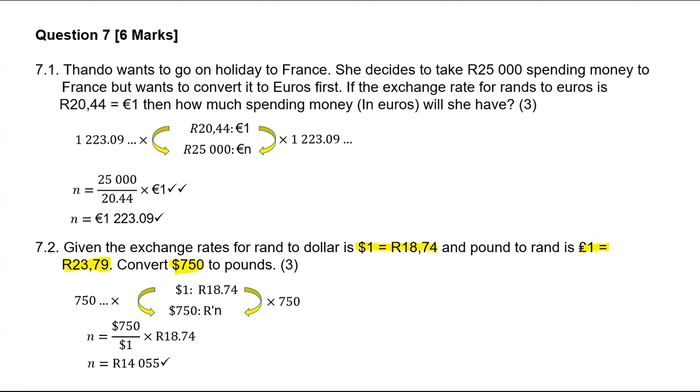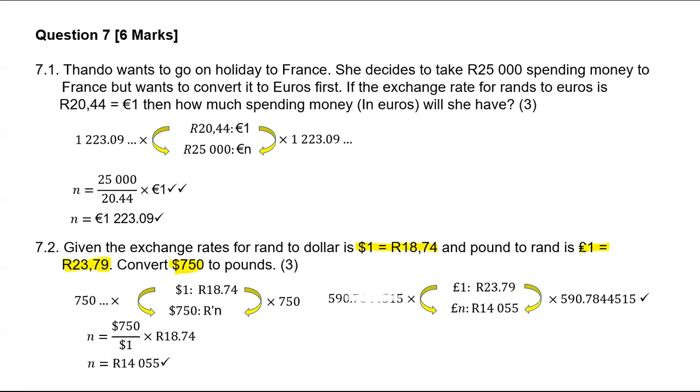Now, the rand to the pound will be 1 pound is equal to 23,79 rands. I do have the rands part, which is the second part, and that will be 14,055. What do I need to multiply the first part by? Well, if I take 14,055 rands and I divide it by 23,79, I will realize that I need to multiply both sides by 590,78.